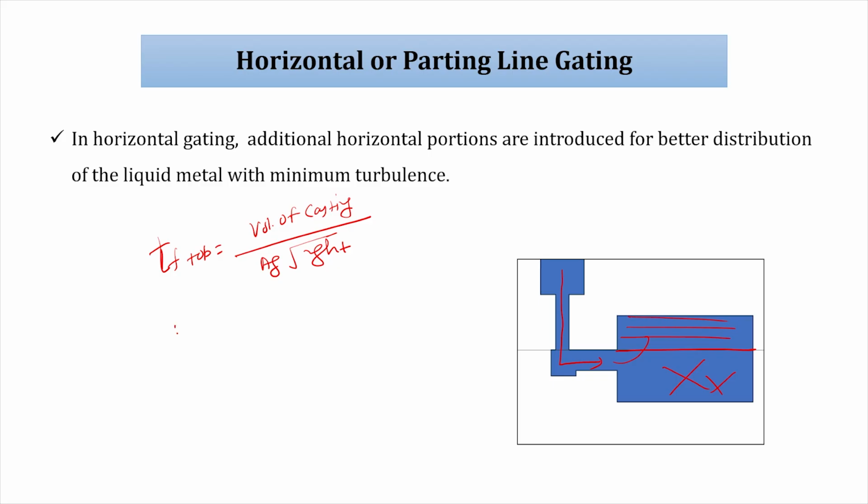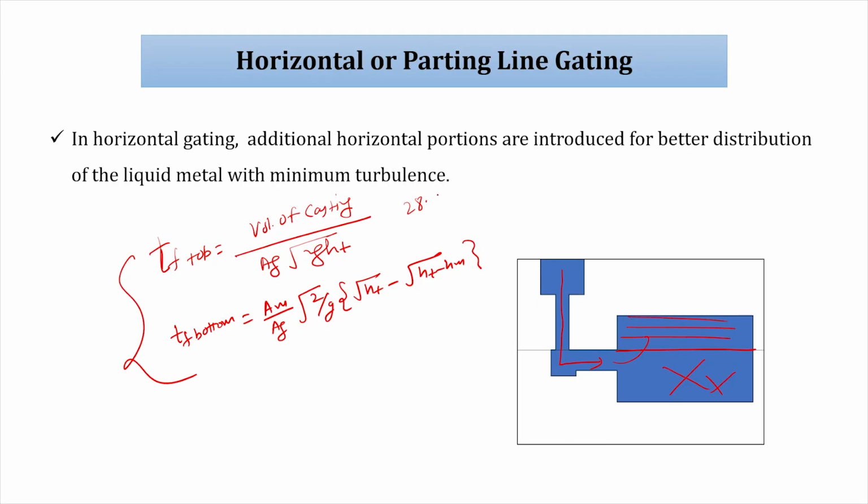And the remaining top part is AM by AG root 2 by G, root HT minus root HT minus HM, and you have to add both. Then you can calculate your filling time for the parting line gating system, and this gives the advantage of both bottom and top gating system.